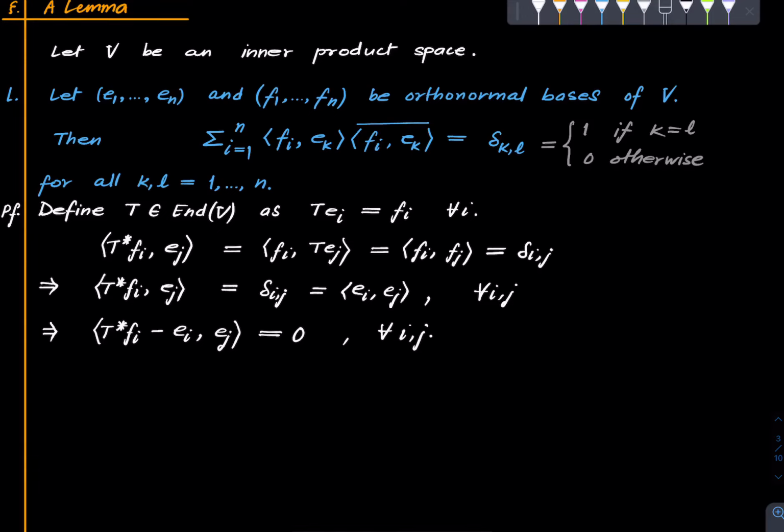So once you fix some i and vary over j, we see that this better be the zero vector because taking the inner product with any element of the orthonormal basis is giving 0. So this better be the zero vector, and hence we have this equation T star f_i is equal to e_i for all i.